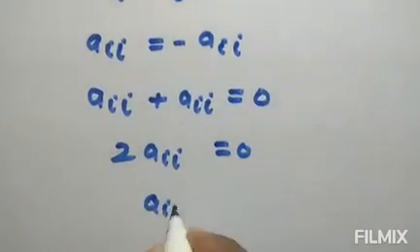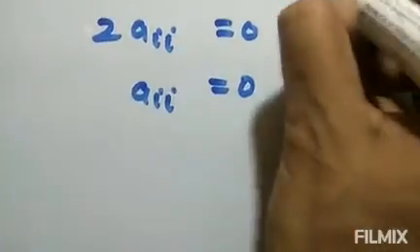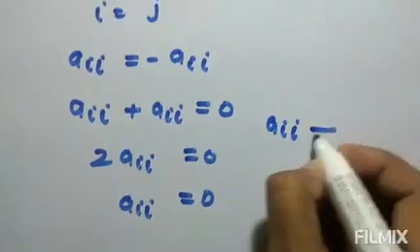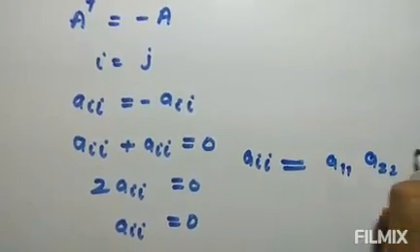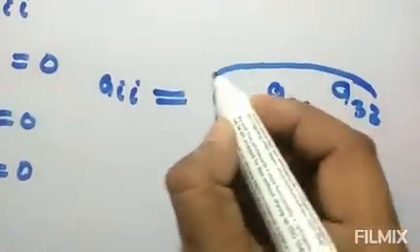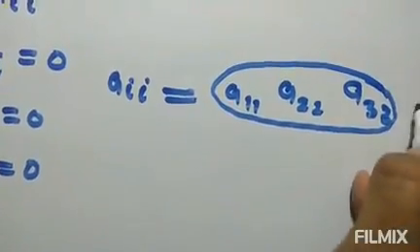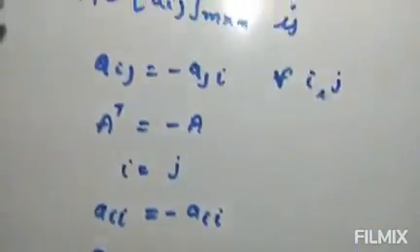So Aii equals to 0. Aii means A11, A22, A33. They are the main diagonal elements. These are 0 in skew symmetric matrix.